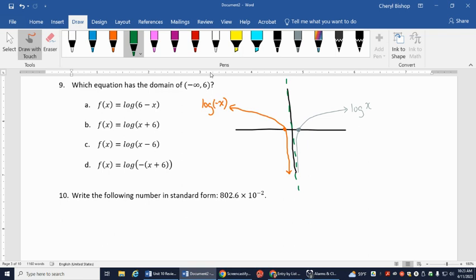So if I want to go all the way to 6, I need to move that asymptote over 6 places. So I actually need to take this graph and move it over 6 places so that it looks like this.